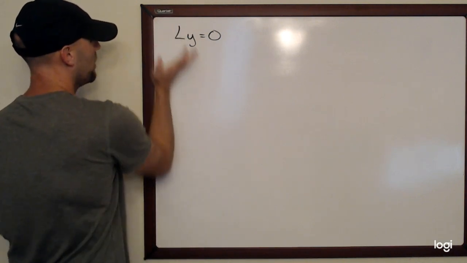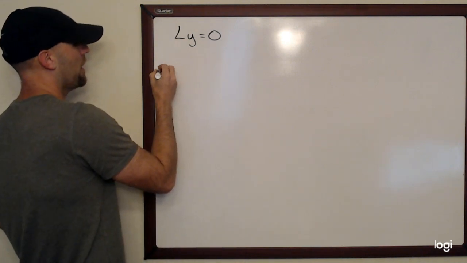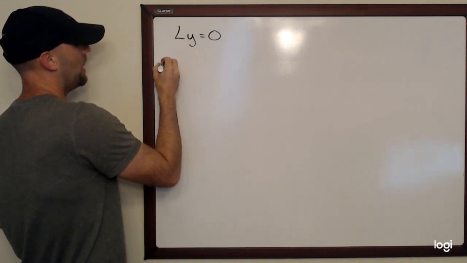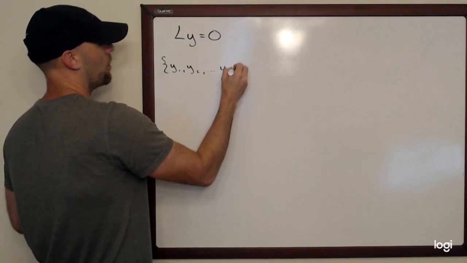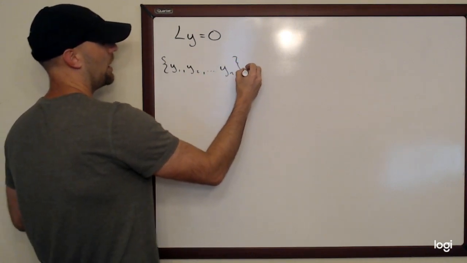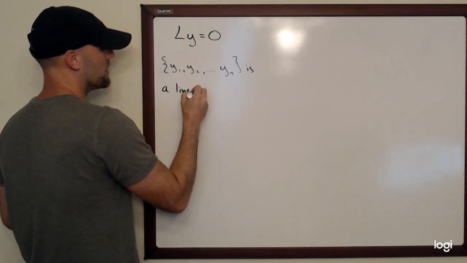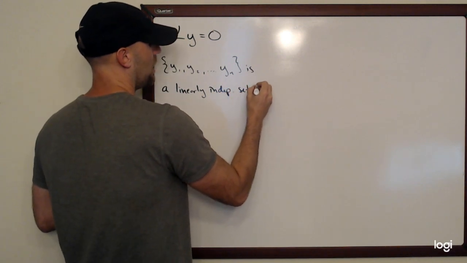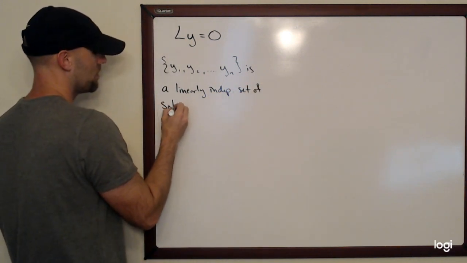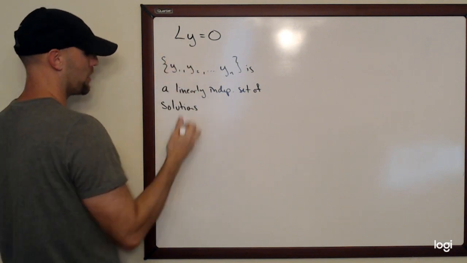So for this particular equation, I know what the solution to the homogeneous version looks like. Suppose y1, y2, all the way to yn is a linearly independent set of solutions to this particular linear transformation.